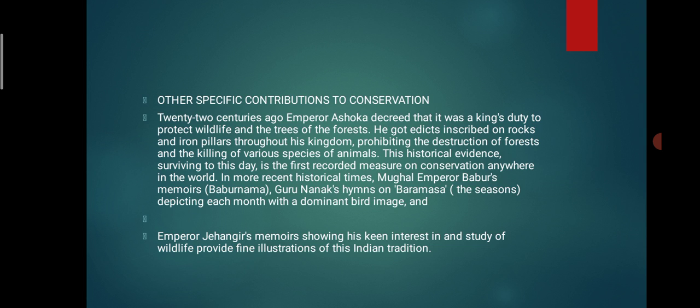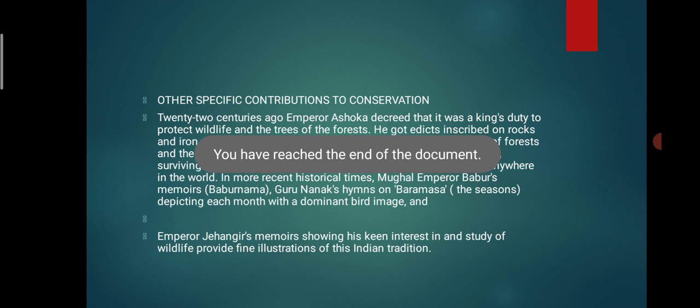This historic evidence survives to this day, among the first recorded conservation measures anywhere in the world. In more recent and historical times, the Mughal Empire, Babur, Guru Nanak's hymns and the Barmasa also gave importance to the forest and wildlife.